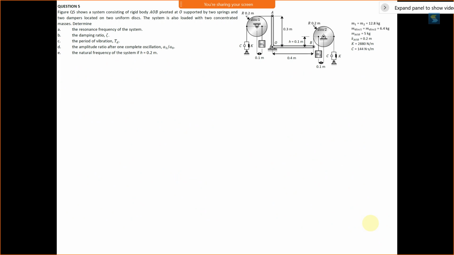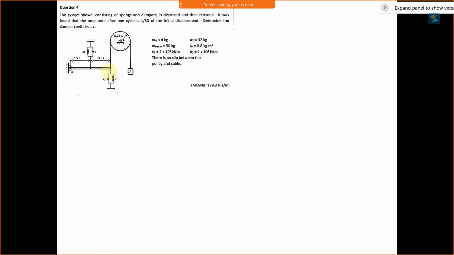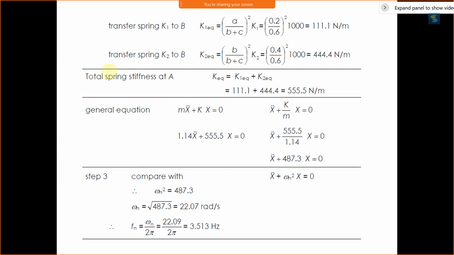Then D, amplitude ratio after one complete oscillation, expressed as A1 over A0. Whereas in the equation we learned A0 over A1, isn't it? So let's get this one first. A0 over A1, initial to final. Let me check again.